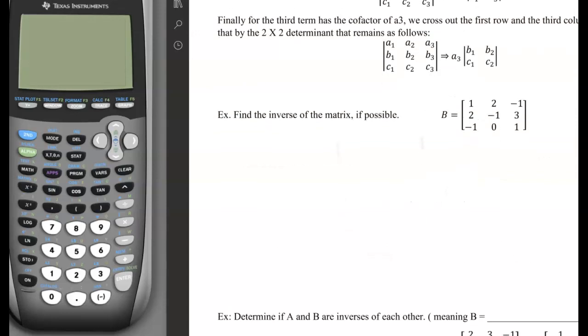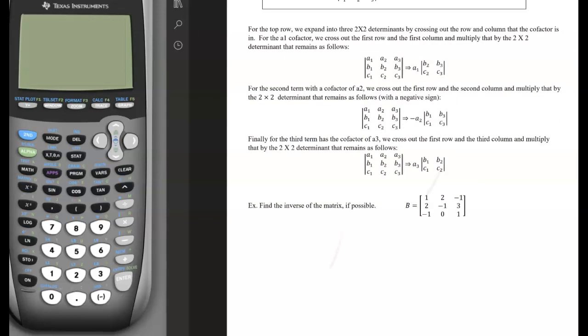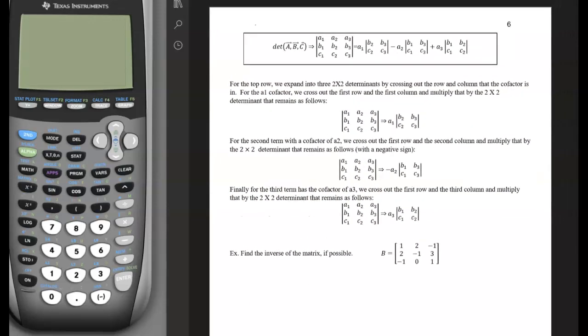To find the determinant on a larger matrix, it works the exact same way. It's just you are going to have multiple diagonals to work with, so it makes it a little harder. Now, all of this above is explaining another way to find the determinant. Have I ever seen this way before in my life? No. Every single professor I've ever had has done what I'm about to show you.